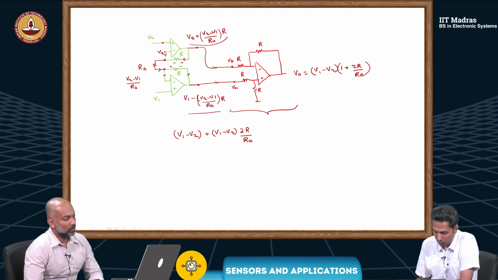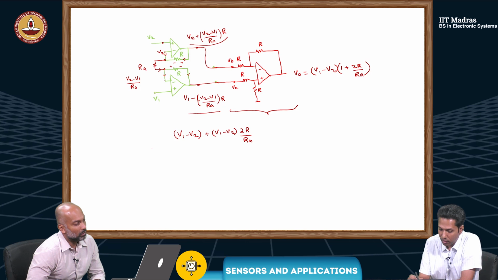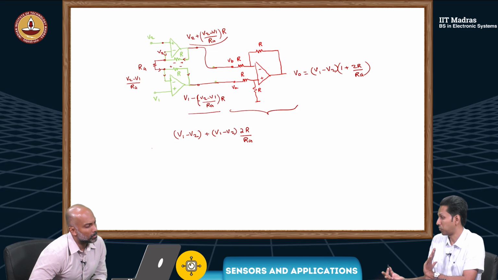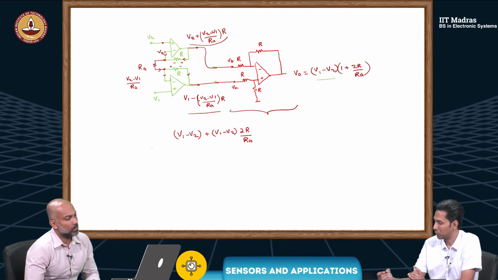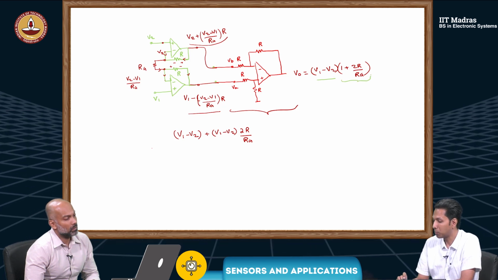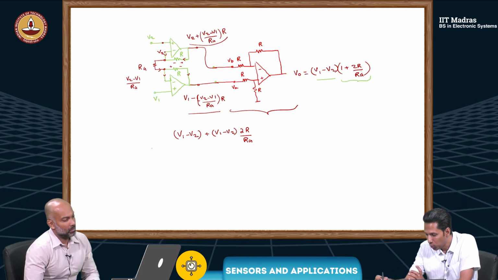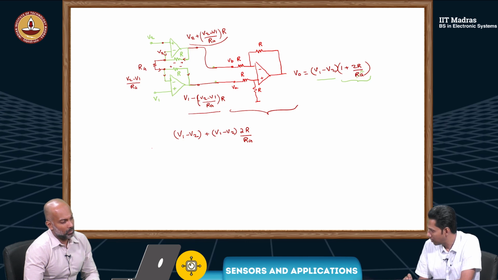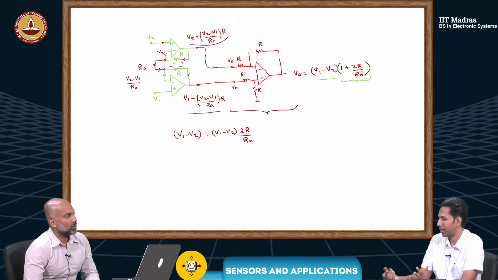Right. So now if you look, these are the two voltages that we have. We want to measure the difference of that. We have that here, V1 minus V2, multiplied by a gain factor of 1 plus 2R by Rg. Now, I can choose to vary this Rg if I want a different gain. I don't need to change all the R's, right?